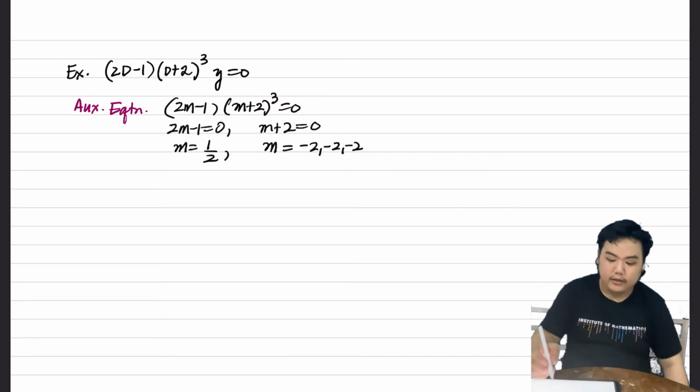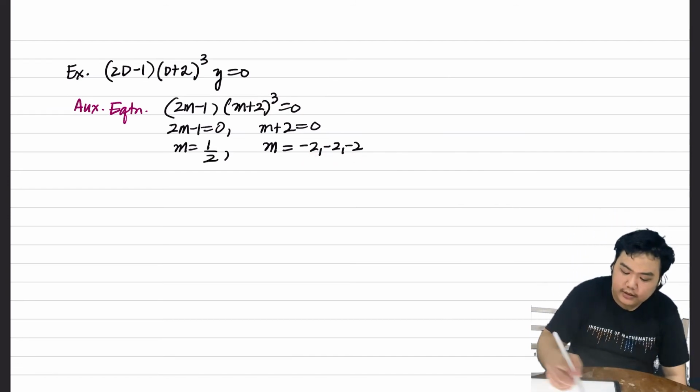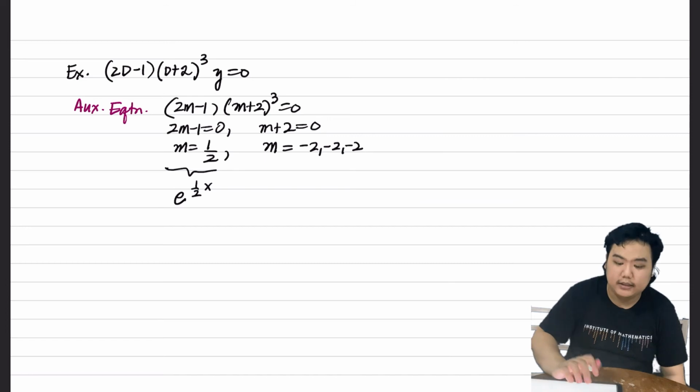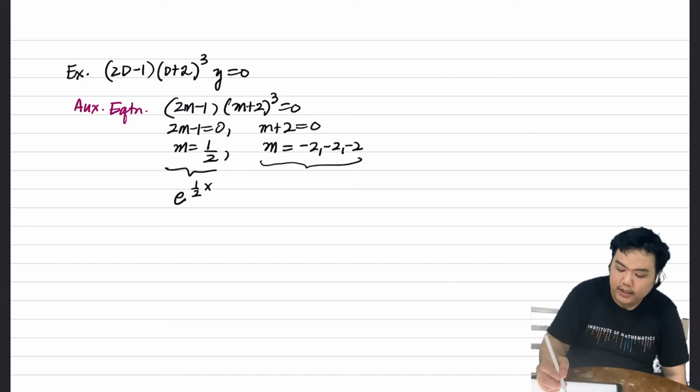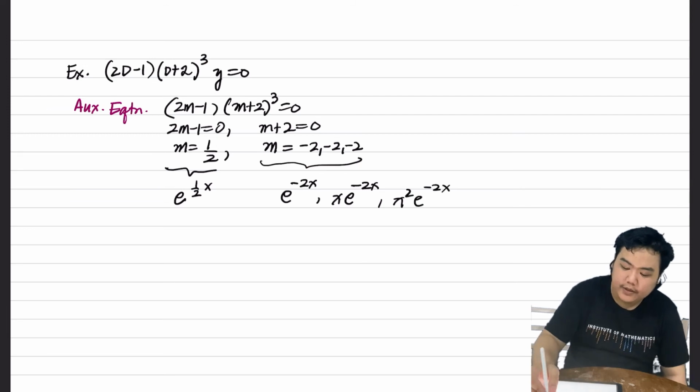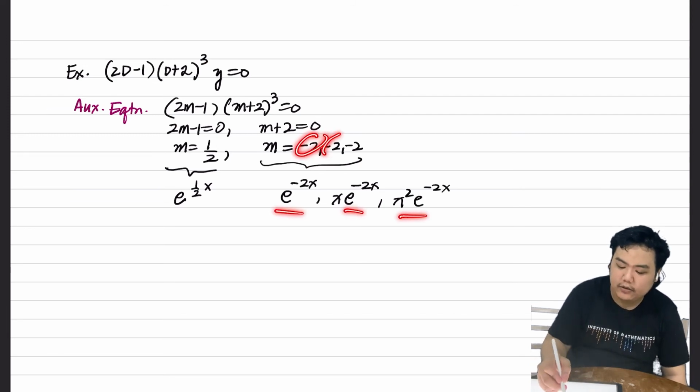Okay, as a root. So, yung first one, this will give you a linearly independent solution, e raised to 1/2 x. And itong pangalawa, which has a multiplicity 3, e raised to negative 2x, multiplied by x, and then you multiply by x again. Okay, so kailangan tatlo sila kasi tatlo yung root. Dito, isa lang kasi isa lang yun.